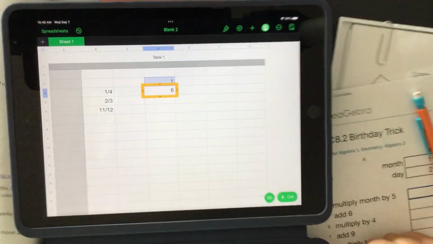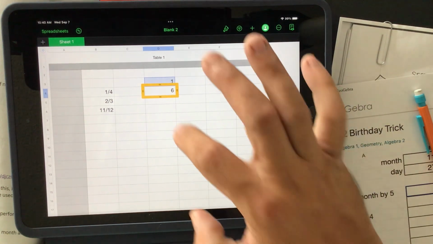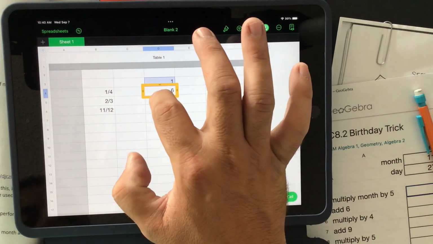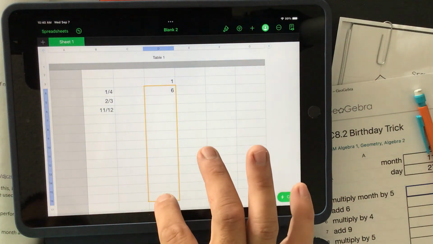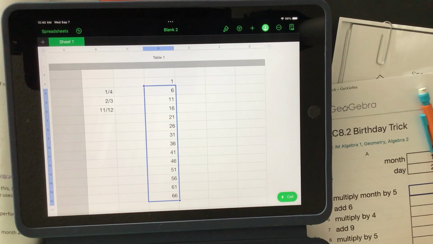And you're going to get a little yellow box around there. Now I can grab that, go as far down as you want, and it's going to add 5 as many times as you want it to. That is how they do the fill down on this app.